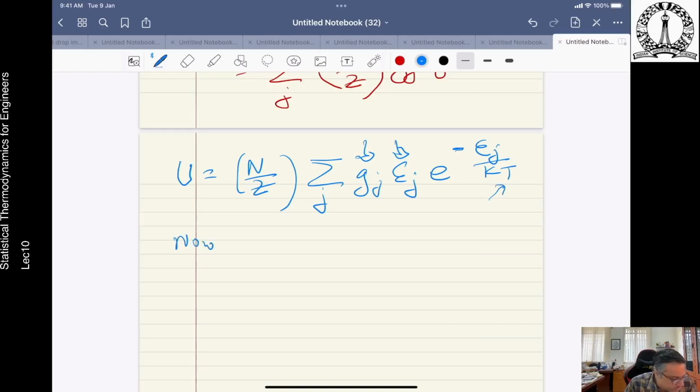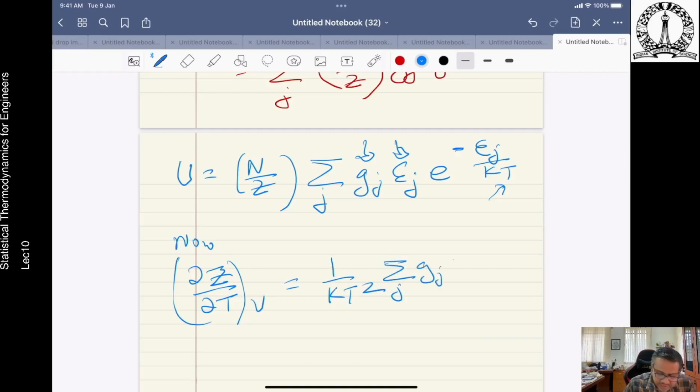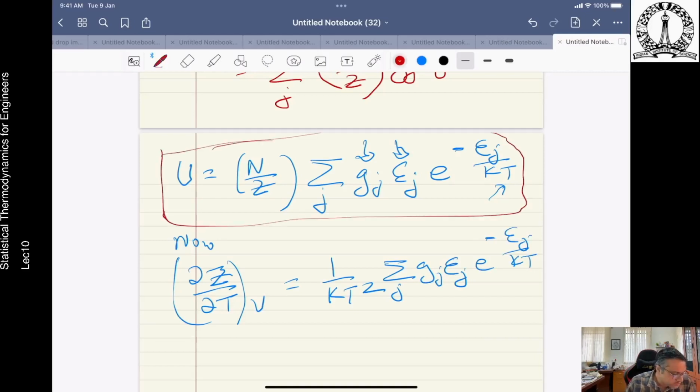Now, as we know, dZ by dT at constant volume can be written as 1 over kT squared times the summation over j of Gj Ej exponential minus Ej by kT. Let's just circle the U so that you remember it.